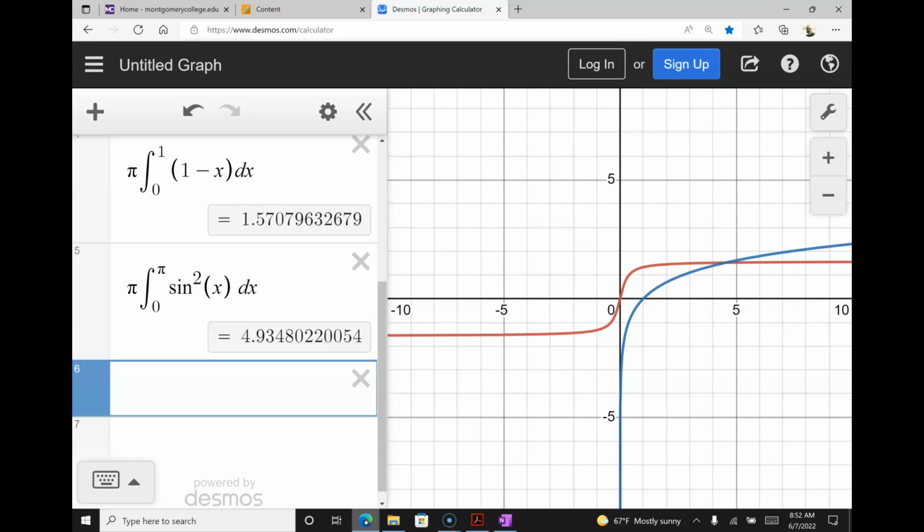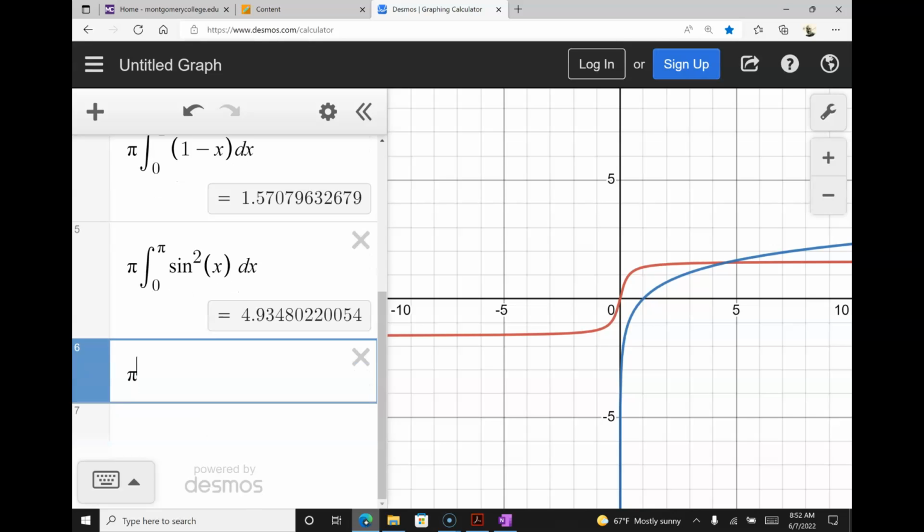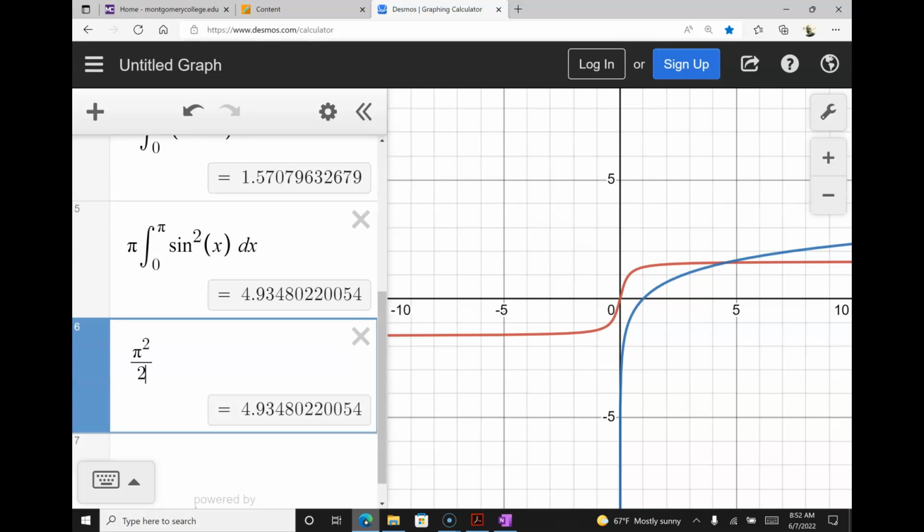And what did I get? Pi squared over 2? Right, so nice way to double check.